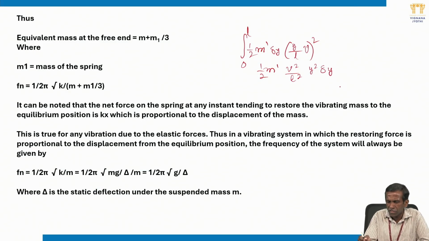So I think you are able to understand. These are the variables shown in the integral, because v is the velocity at the end of the spring by applying some displacement, and L is the length of the spring.